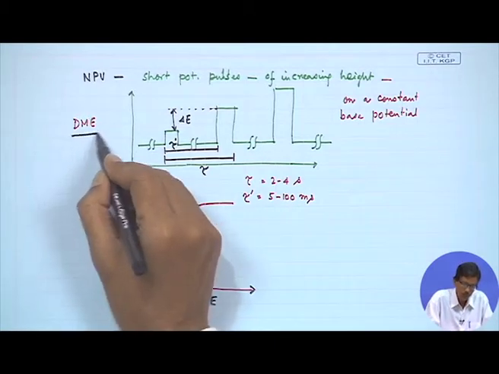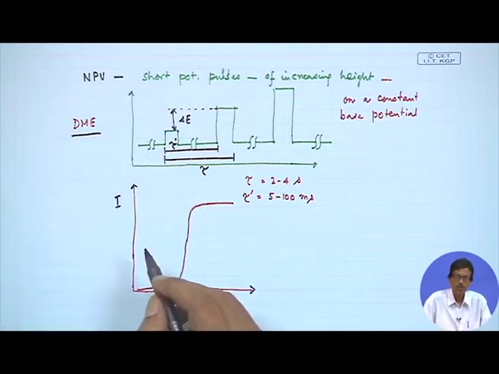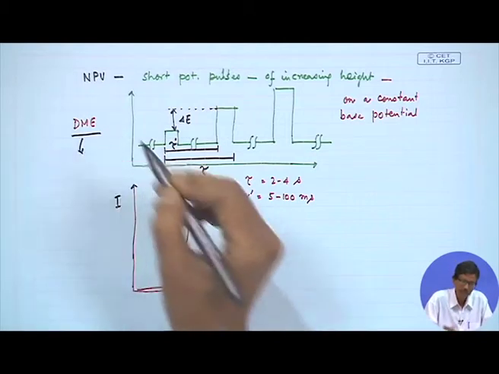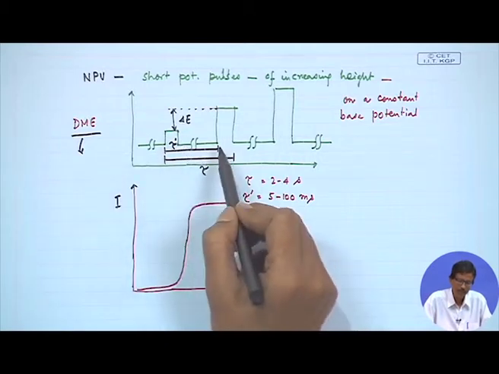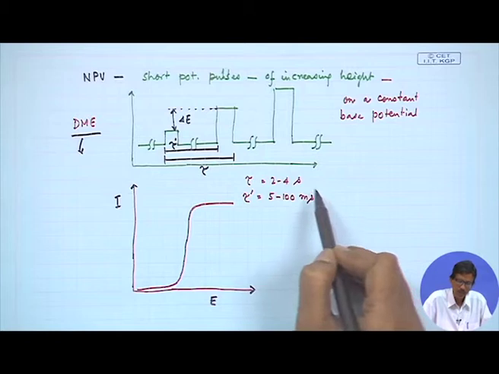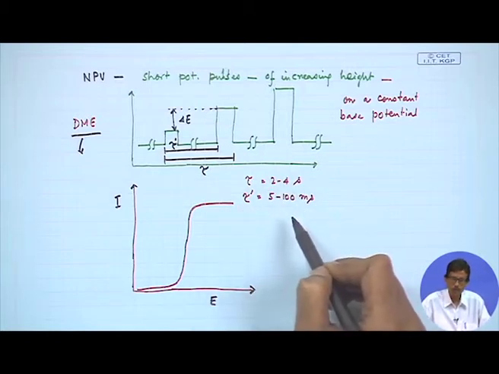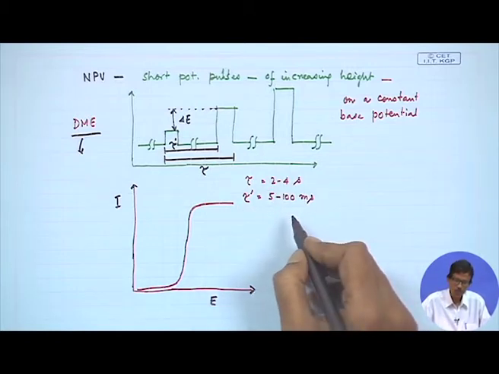When we use the dropping mercury electrode, the drop lifetime is there. If we consider the drop lifetime to be the same as the generation of these pulses, it will be very easy to monitor these things.